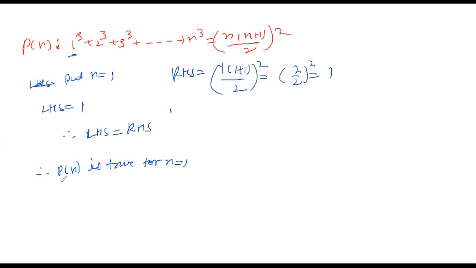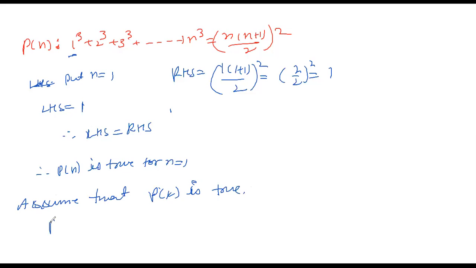Next, P of k. Same method, nothing changes. We assume that P of k is true.